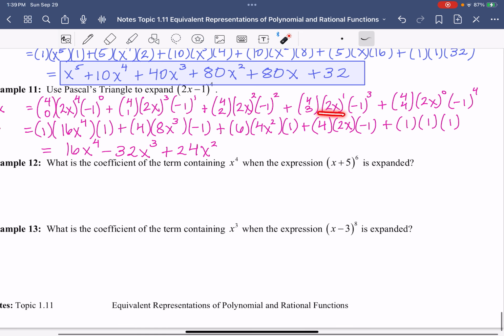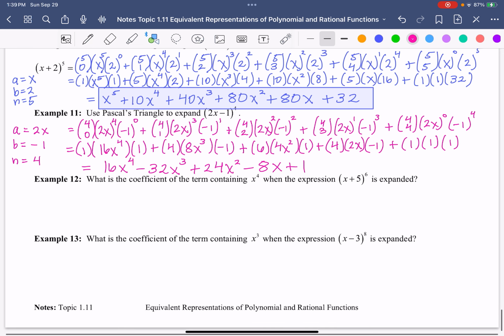The next term, 4 times 2 is 8. 8 times negative 1 is negative 8x. And then the last one would be positive 1. And then this would be your final expansion, 16x to the power of 4 minus 32x cubed plus 24x squared minus 8x plus 1.